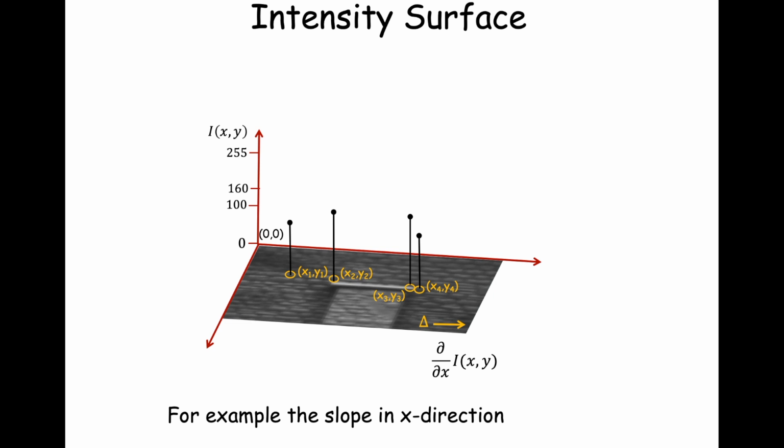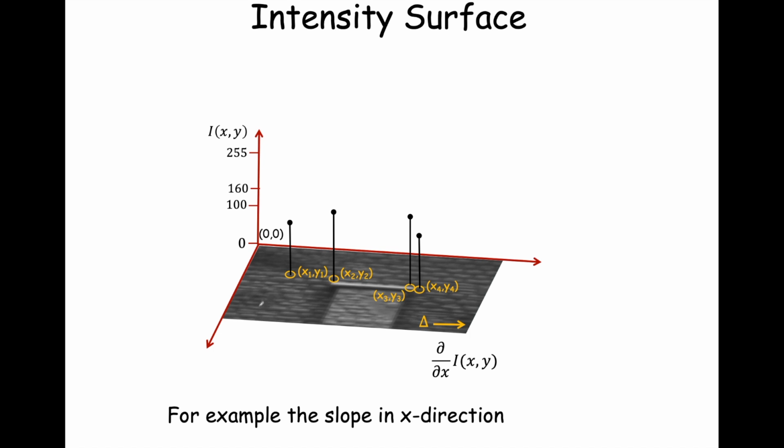We can take the partial derivative of this intensity surface, this intensity function, with respect to x, and that would correspond to if you were to move your eyes and cast your sight from left to right in a so-called scan line. Let me set my pen color to cyan. Okay.